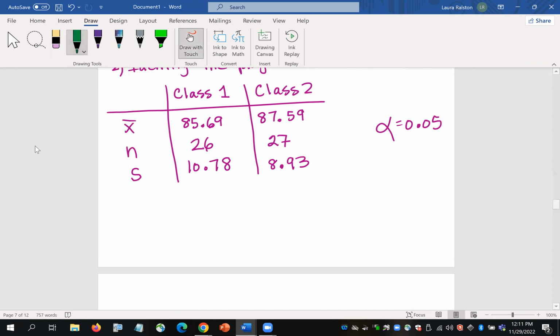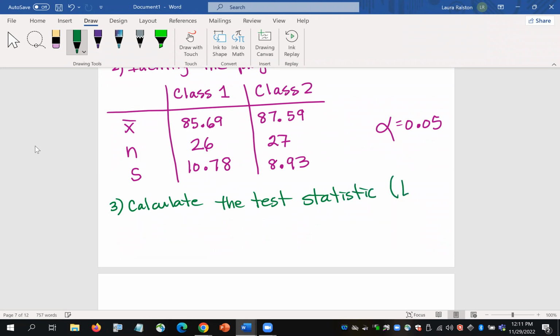Step 3 is to calculate the test statistic, which for this problem is a t, and its p-value.